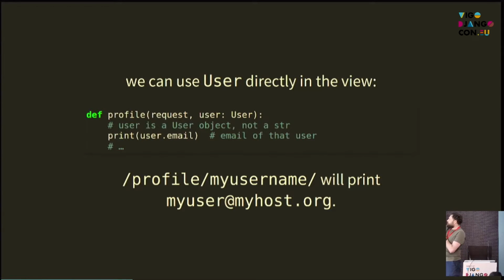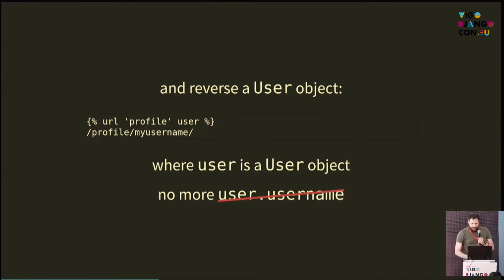If we print, for example, the email of that user and we visit a page, then for my username it will print myuser@myhost.org, for example, if that's in the database. The reverse is also true. If you have a template where you have a user, you only pass the user object, and it knows for itself that it has to fetch the username from that user object.